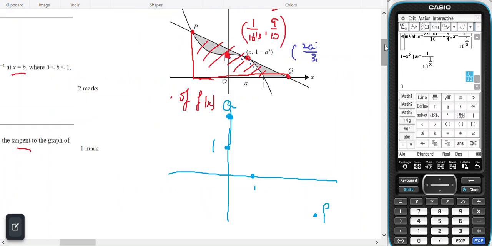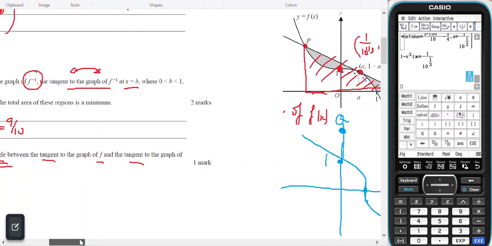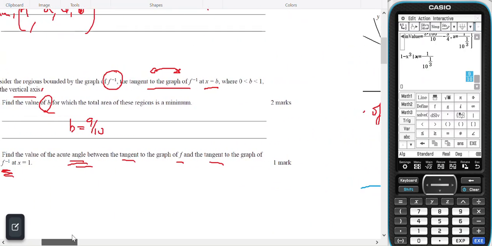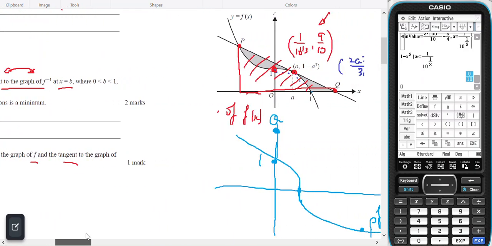So let's think about the inverse curve. The inverse curve is going to be vertical here. It's going to cut through at 1, halfway, some point between 1 and Q, and then go down. So it's going to look like that. Then it's going to go through point P. So this is the inverse of F. And we're looking for the region between the tangent at x equals b.